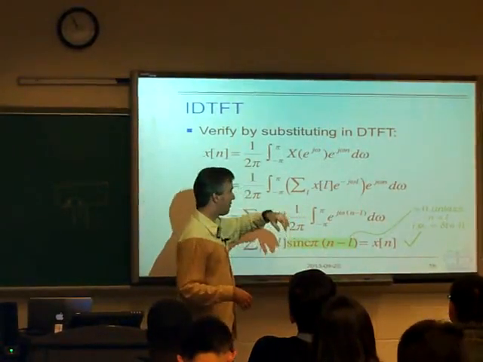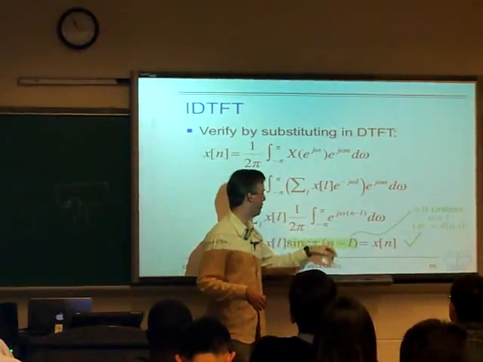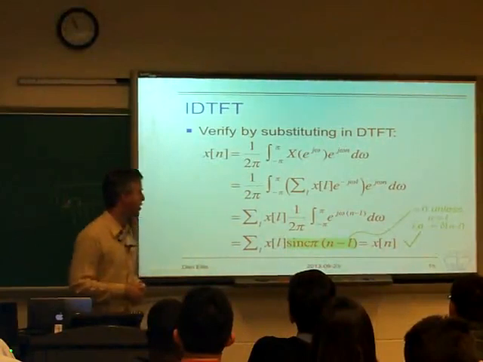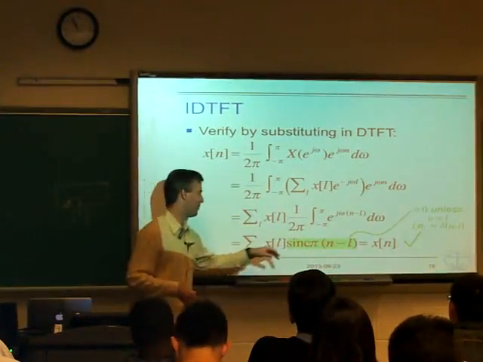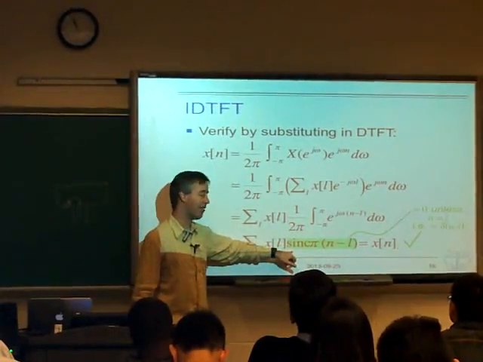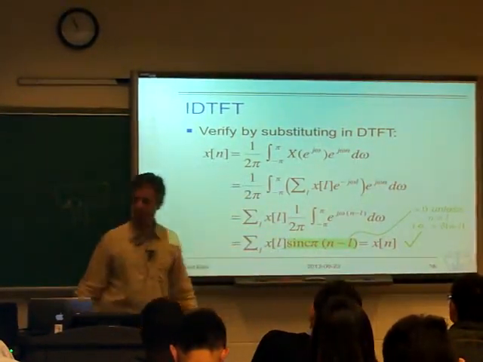And as we saw the old way, this is actually equal to sinc of pi times n minus L, as it works out. But the only property of sinc we're using here is the fact that it's 0 for all integer multiples of pi except for 0.